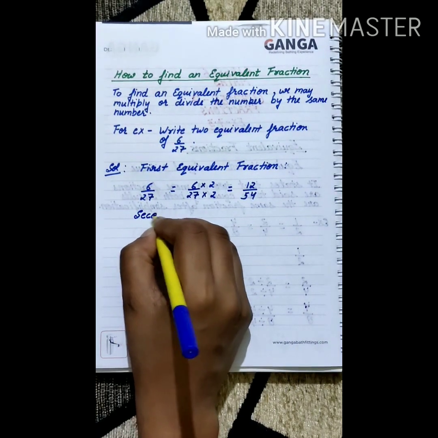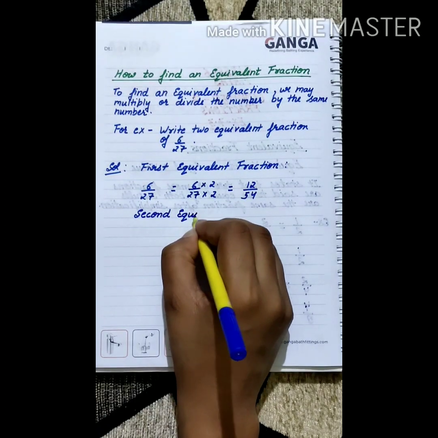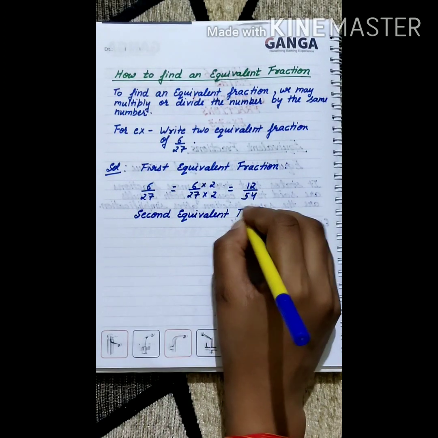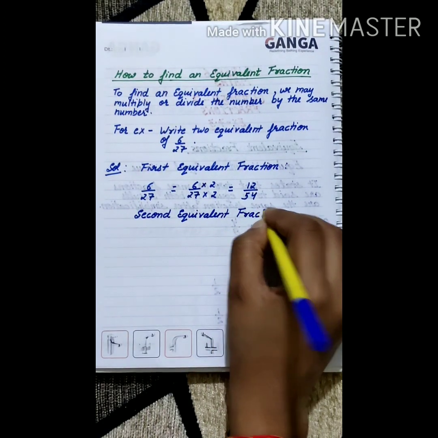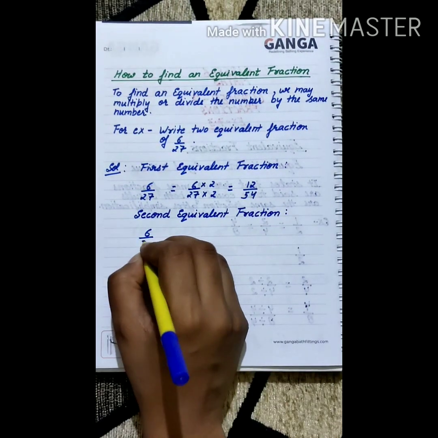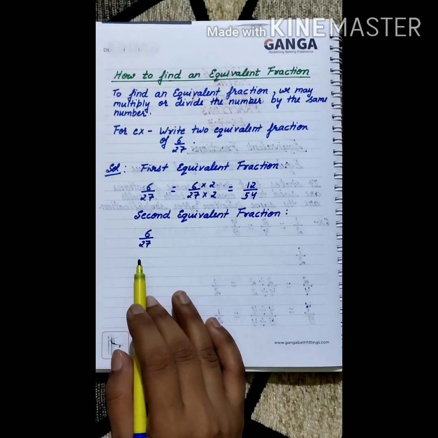Now I will find second equivalent fraction. Six upon 27. Both numerator and denominator have a common factor, that is 3.